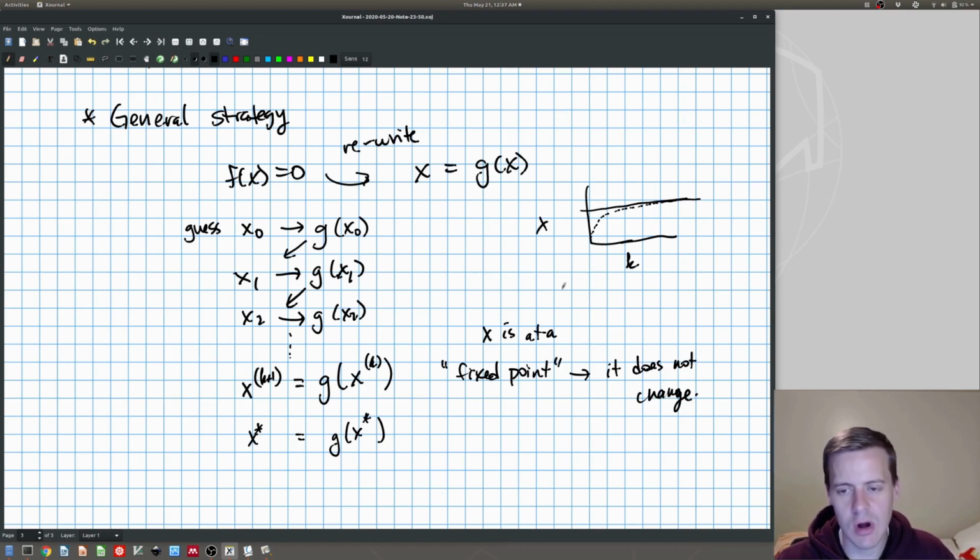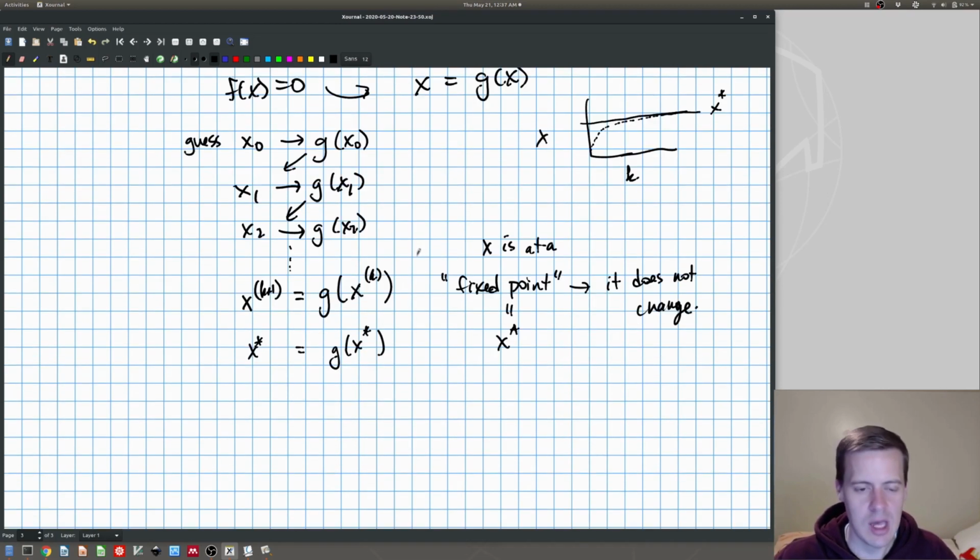So x star is this fixed point here, and that is now a root. Because if that is true, then we rewrote that up there, and what we can say now is that f of x star equals 0, so x star is a root.